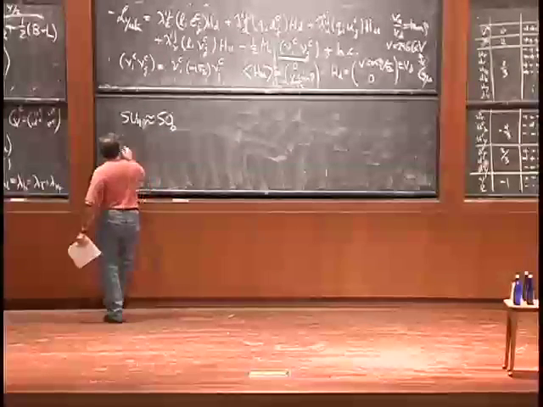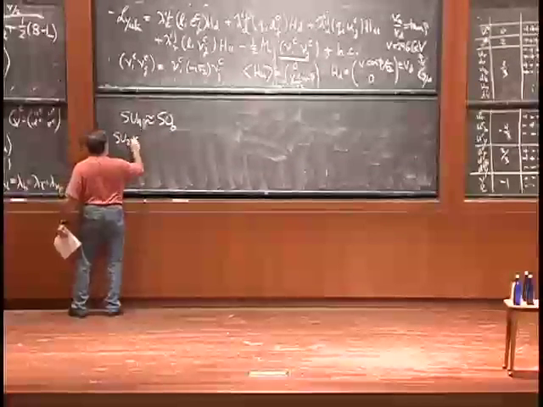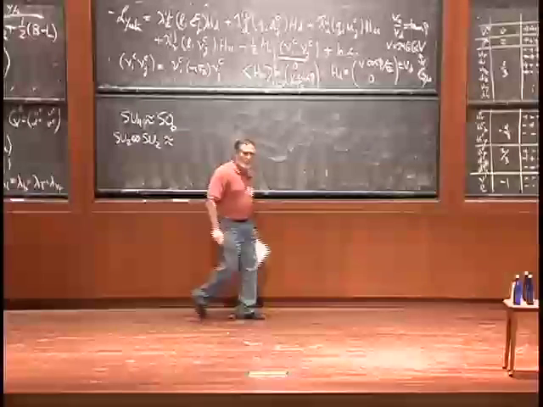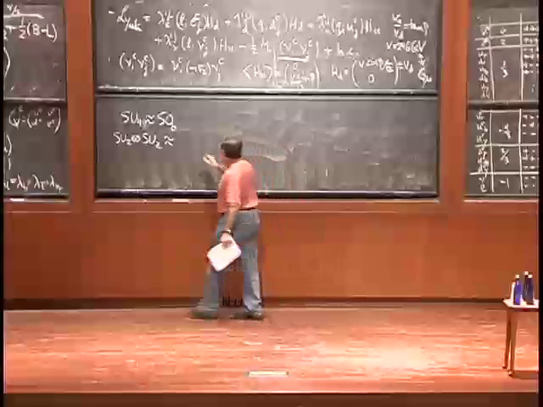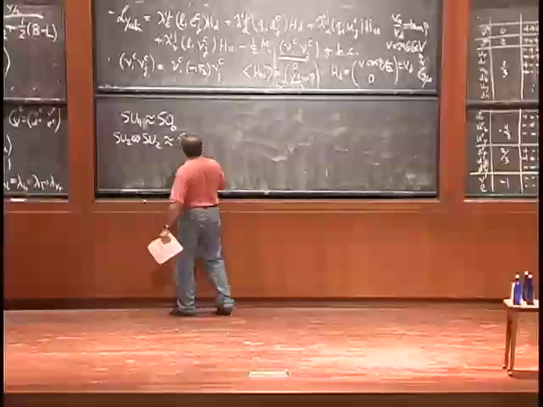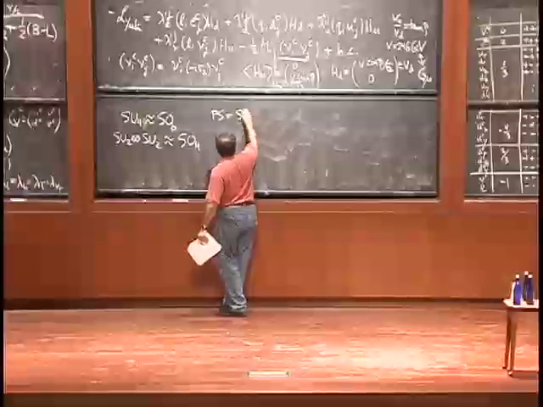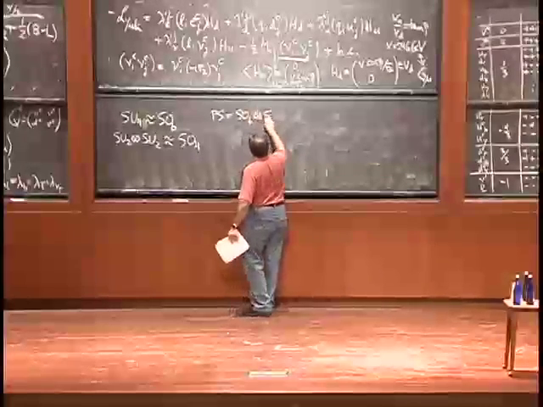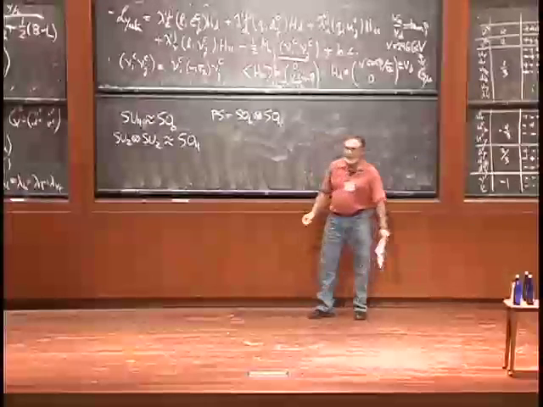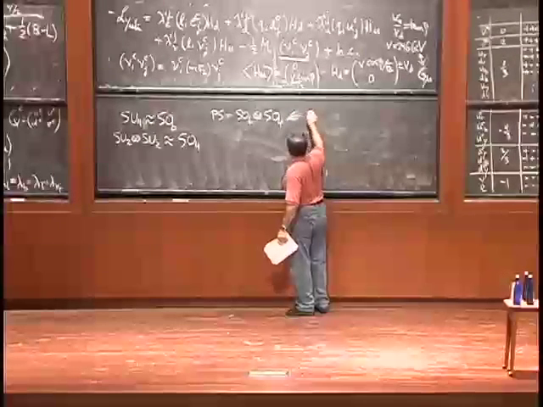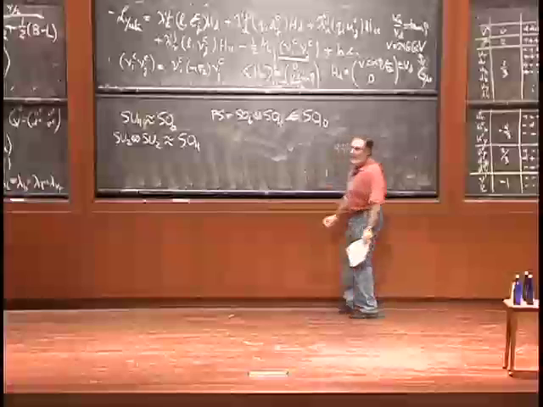And in fact, SU2 cross SU2 is homomorphic to SO4. And so Pati-Salam is equivalent to SO6 cross SO4, and it's no stretch of the imagination to realize that this is a subgroup of SO10.